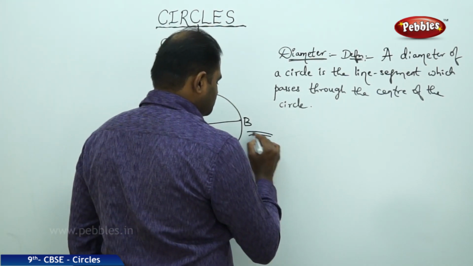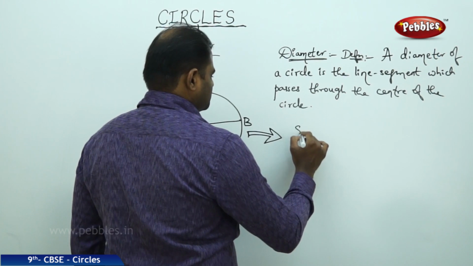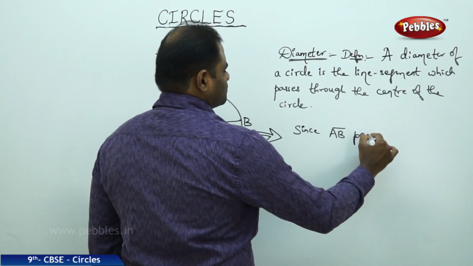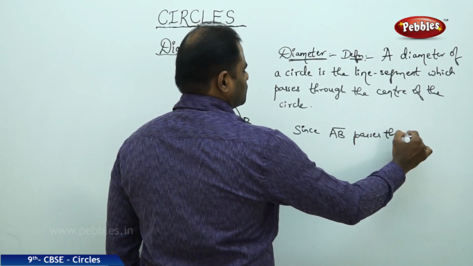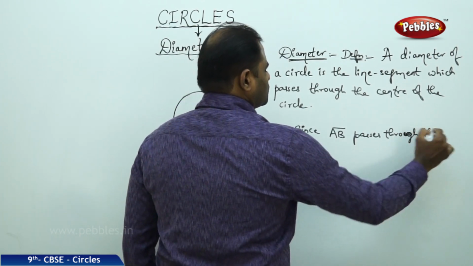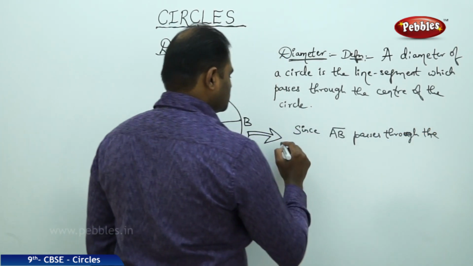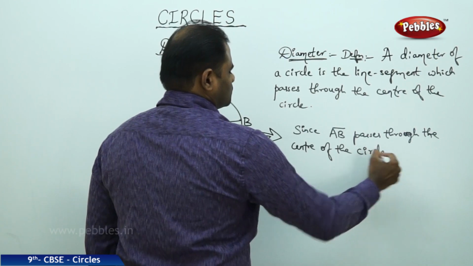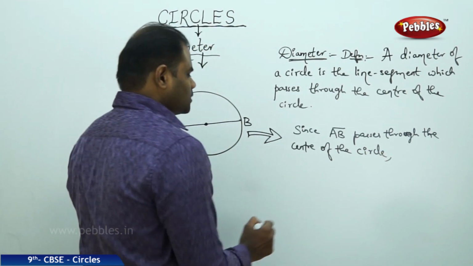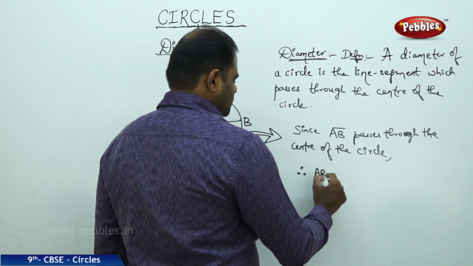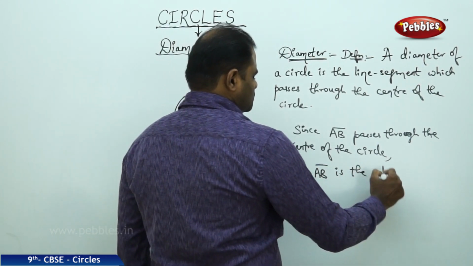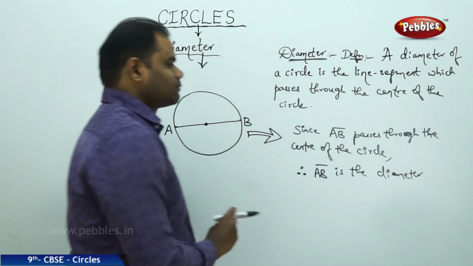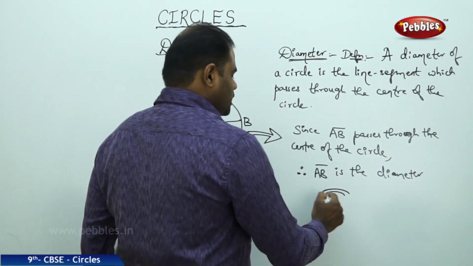So in this diagram, since AB passes through the center of the circle, therefore AB is the diameter. This is how we conclude the diameter of the circle.